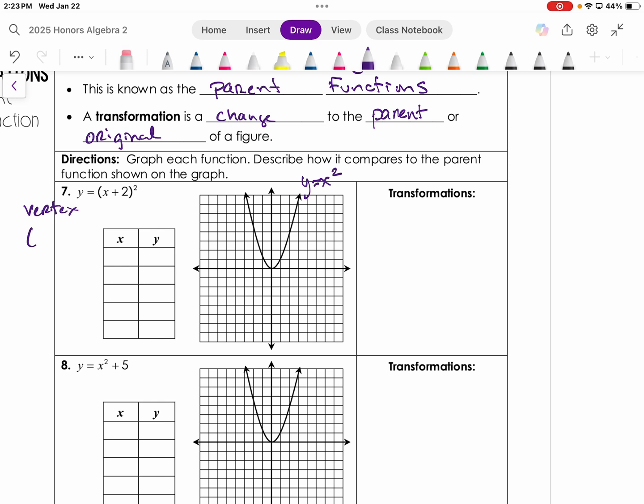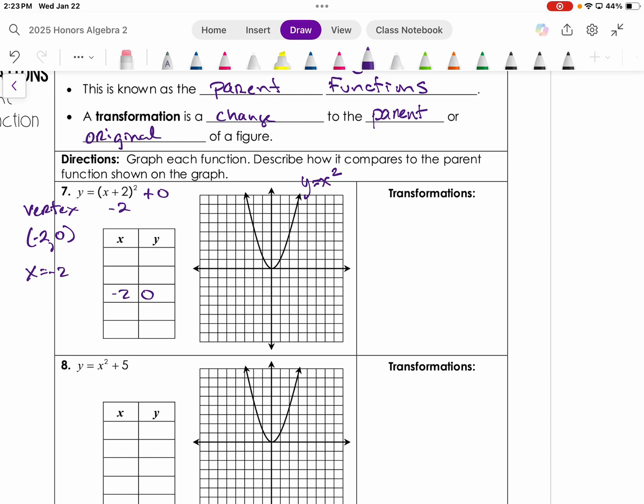Now, it's the opposite. So it's negative 2 comma 0. Opposite of the inside. And then technically there's no number at the end, so the k has got to be a 0. So the y value is a 0. Axis of symmetry, x is equal to negative 2. So I know negative 2, 0 would go in the middle of that table.